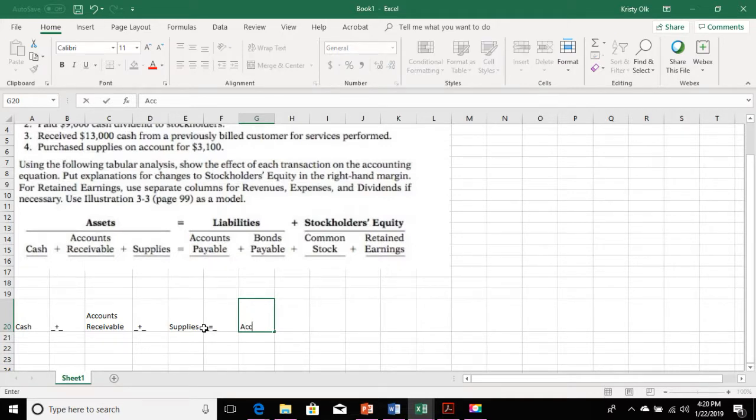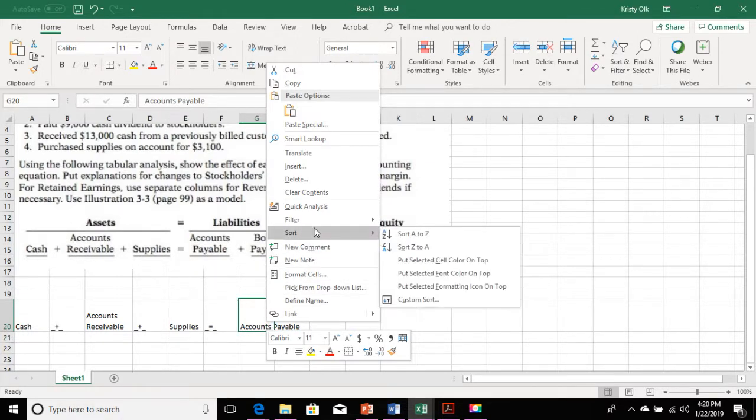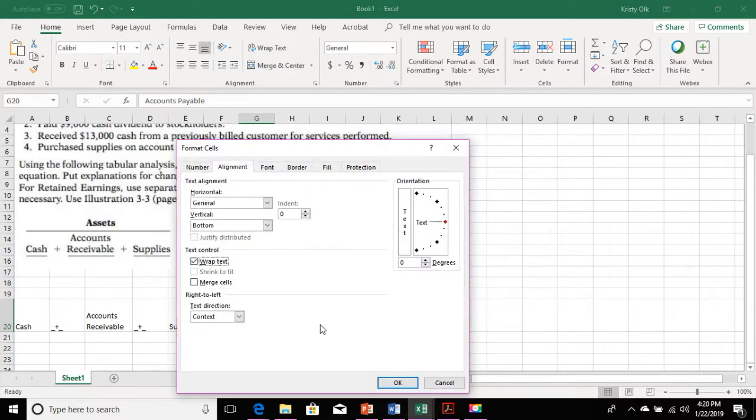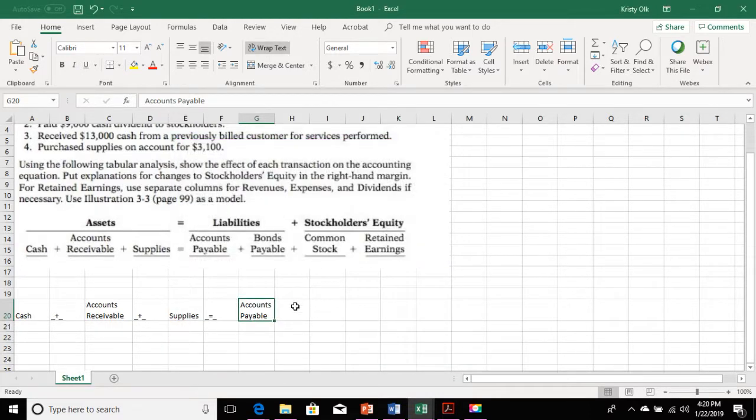And then I have accounts payable. Format the cells, wrap the text. Underscore again, plus, and then it's bonds payable.